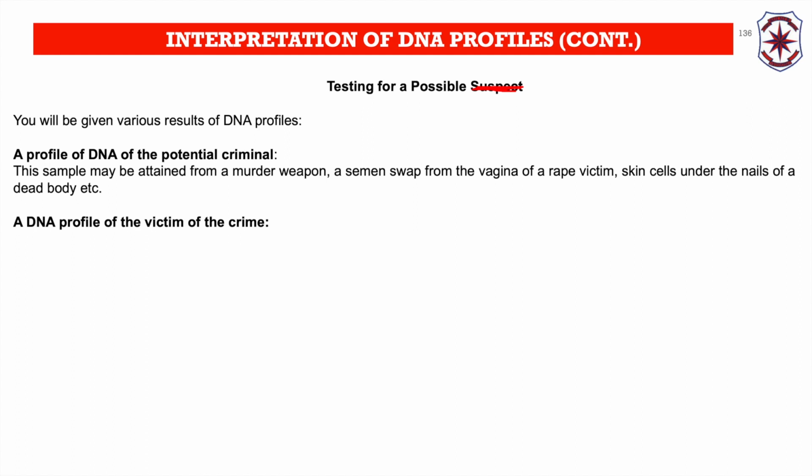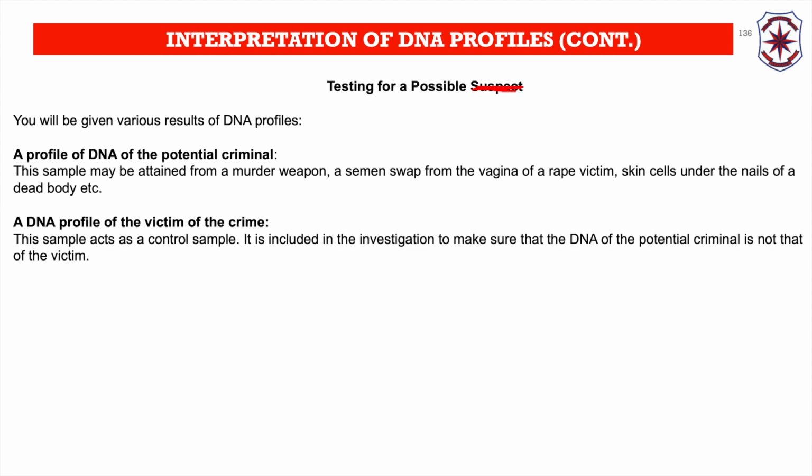Okay, now remember, here we are trying to determine who among the suspects is maybe the murderer, for example. But the DNA profile of the victim may be included in the investigation as well. Why? This sample acts as a control sample. It is included in the investigation to make sure that the DNA of the potential criminal is not that of the victim. Okay?